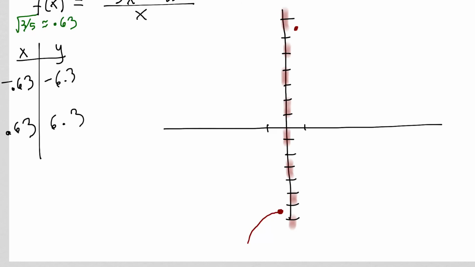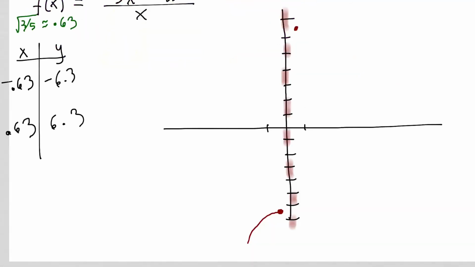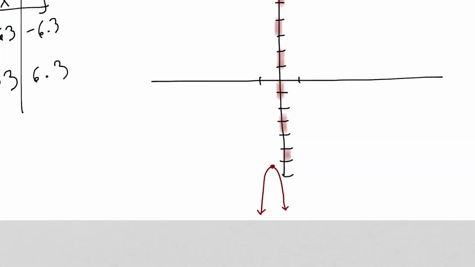And then going to the right, I'm in this interval here, between 0 and the first dot, I'm going downhill, concave down. I've got to approach my vertical asymptote, so this is probably more symmetric than that. So maybe more like that shape.